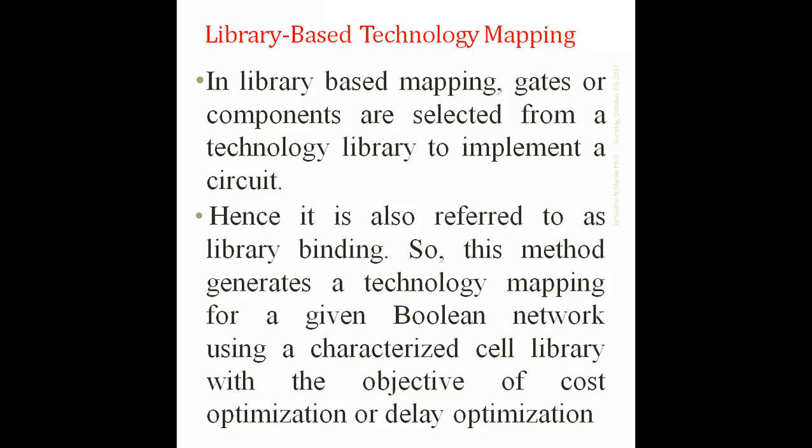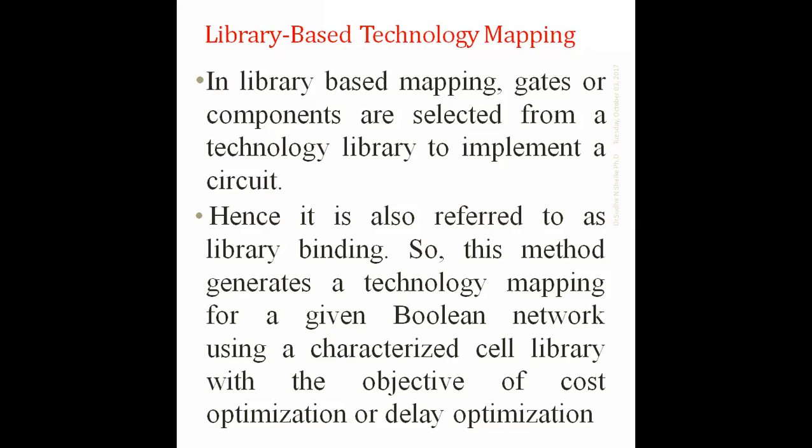Hence it is also referred to as library binding, so this method generates a technology mapping for a given Boolean network using a characterized cell library with the objective of cost optimization and delay optimization. Finally, the pre-designed things are already there, which means there is no need to design that cell.